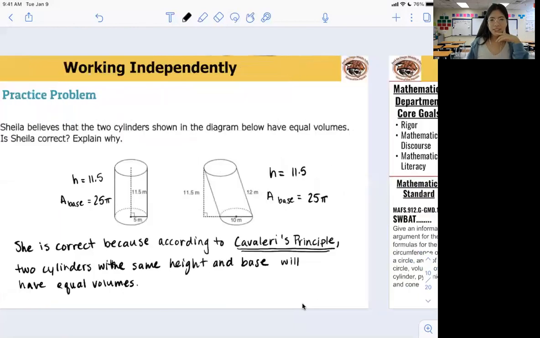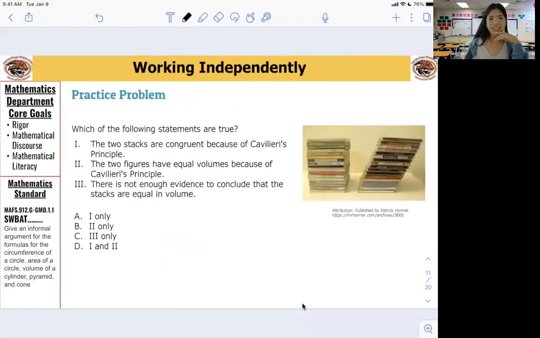All right, let's do another one. Go ahead and take a look at this one and answer it in the poll.